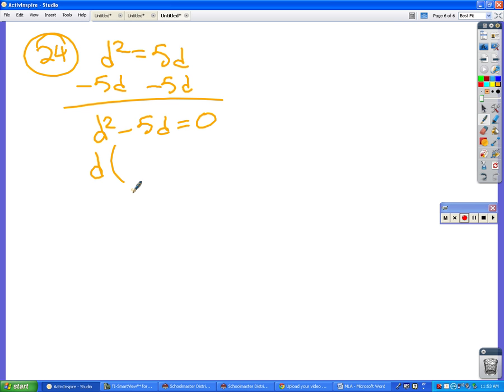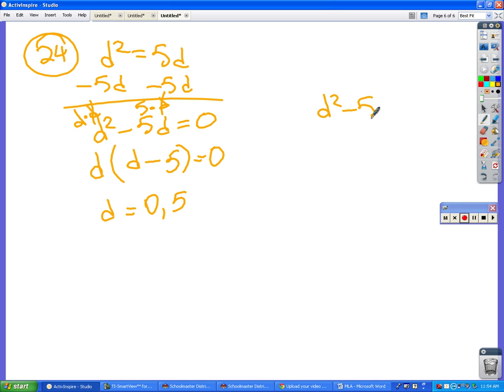I think of D squared as D times D, and 5D as 5 times D. If I take one of the D's out, I'm left with D times D minus 5, and that has to equal 0. So what are my two answers for D? 0 and 5, because 0 times anything is 0.